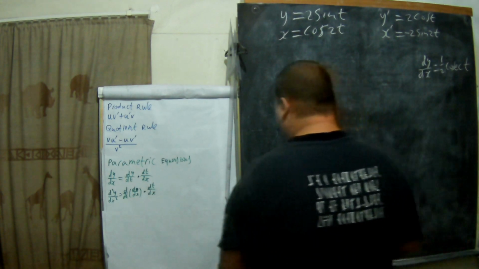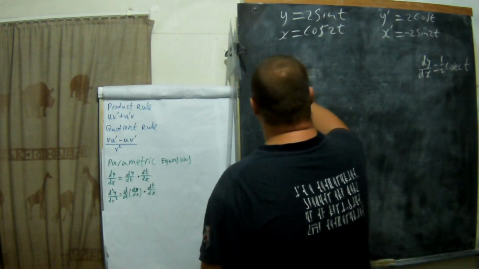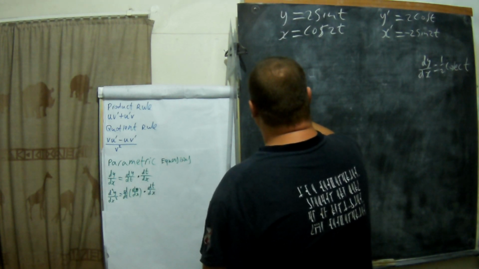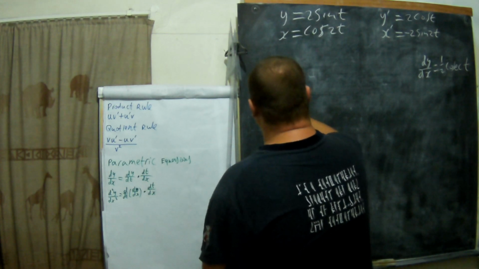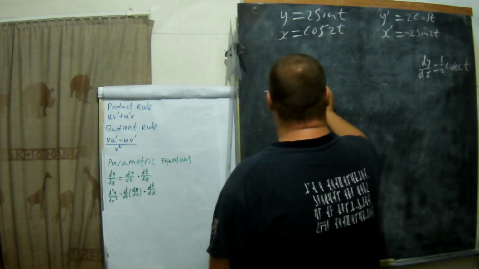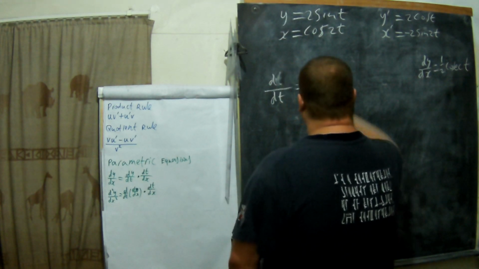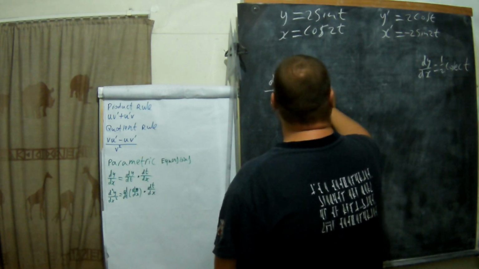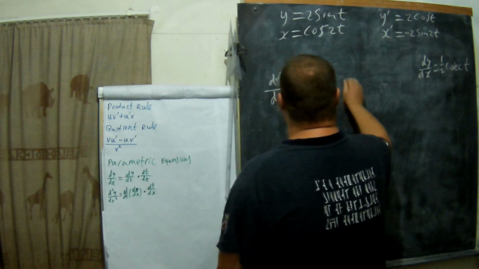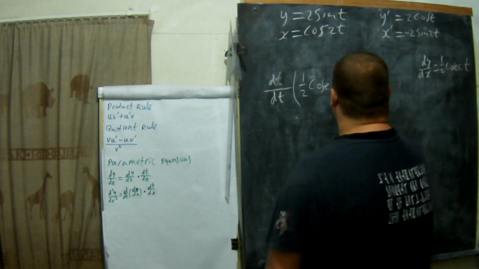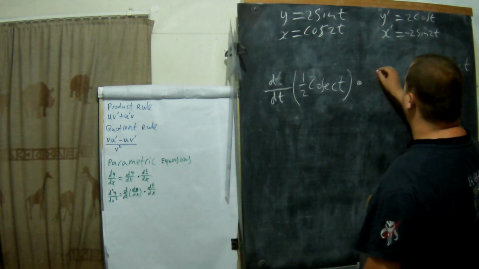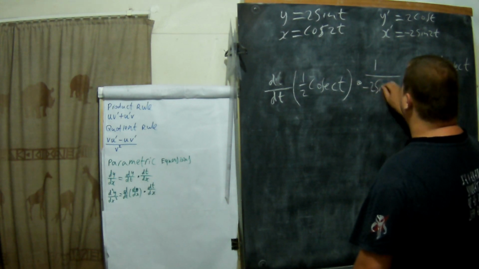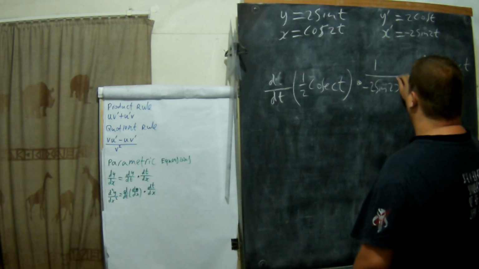Next part. So this is d over dt, which is multiplied by a half cosec t multiplied by 1 over minus 2 sine 2t.